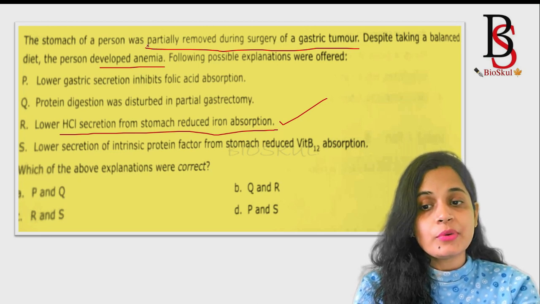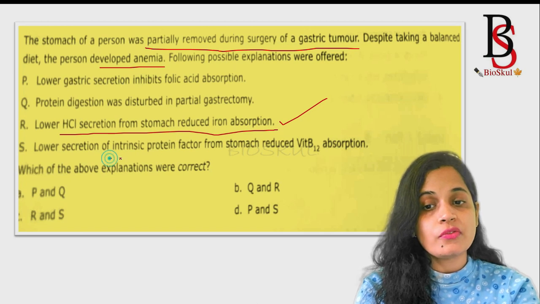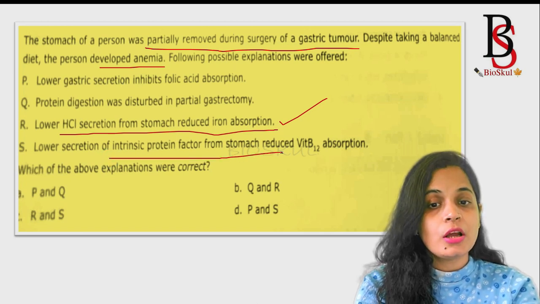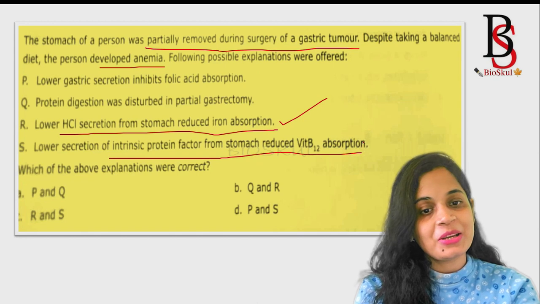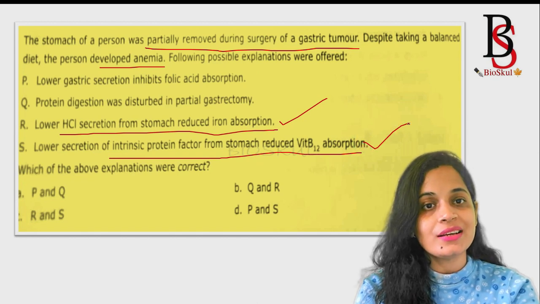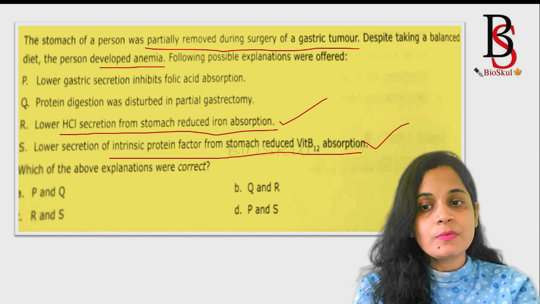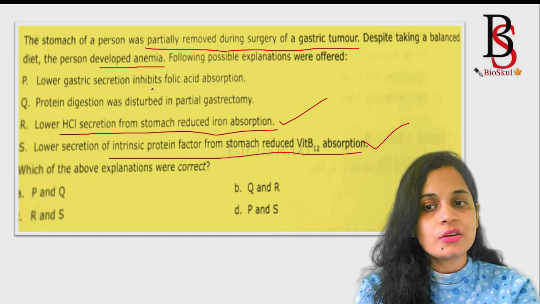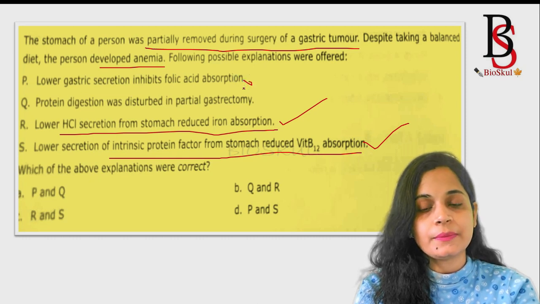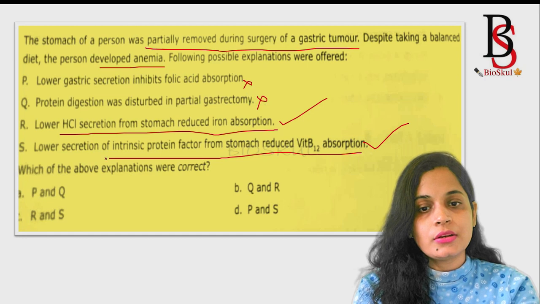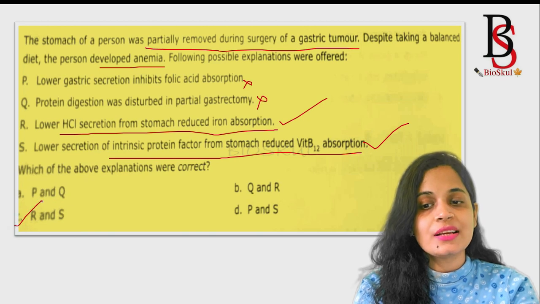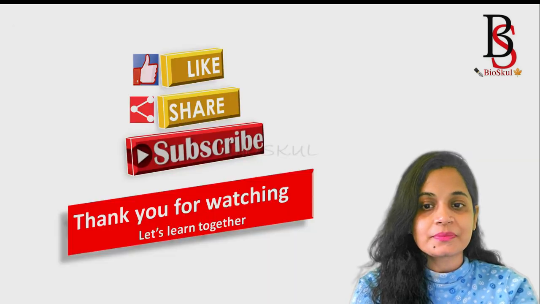Then the second point is lower secretion of intrinsic factor from the stomach, reduced vitamin B12 absorption. These two are the correct options, and options P and Q are not related to the anemic condition, so both are wrong. So which of the above explanations were correct? That is R and S. That is option C, the correct answer.